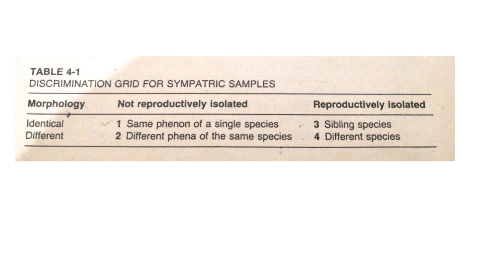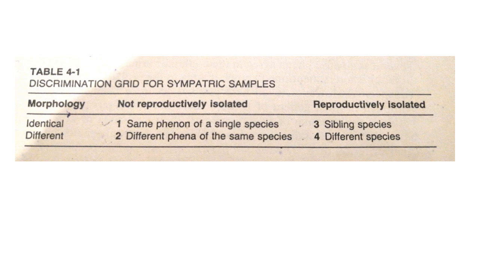On the other hand, if the morphology of the individuals of a population is different, and they are not reproductively isolated, it means that they are different fauna of the same species. And if the individuals which have different morphology are reproductively isolated, it means that they are different species.